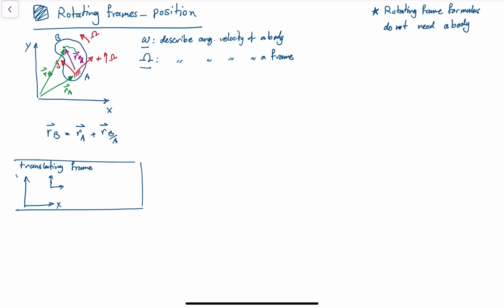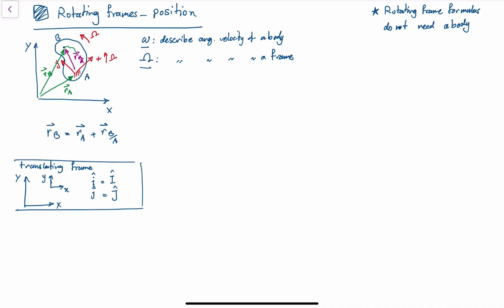So I had this xy, little xy. So in that case, little i was always the same as the unit vector of your base frame, and j was always the same too.